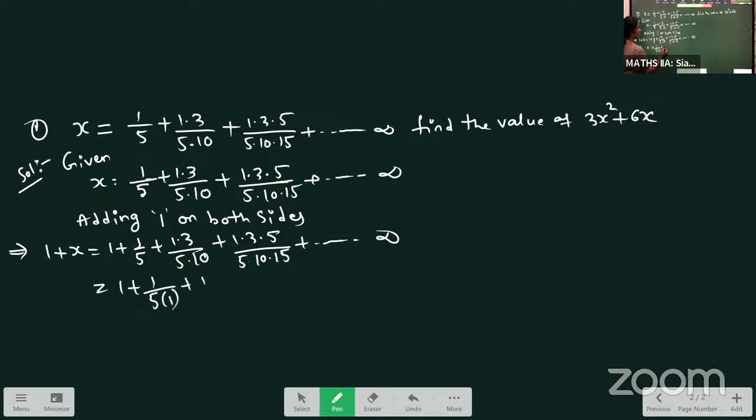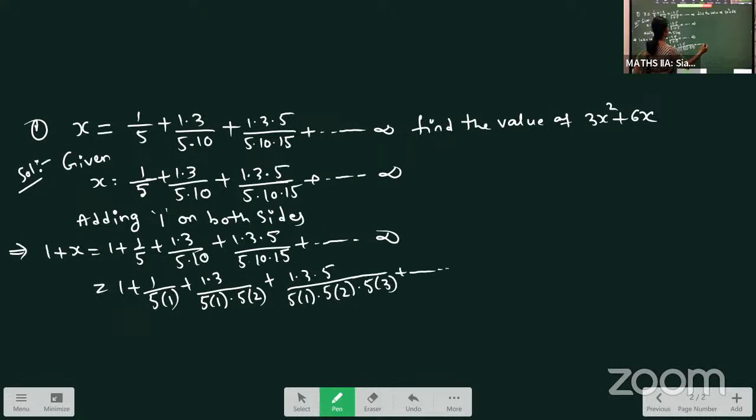The remaining terms also write in terms of products of 5. 5 is 5 into 1 and 10 is 5 into 2, plus 1 into 3 into 5 by, again 5 is 5 into 1, 10 is 5 into 2 and 15 is 5 into 3, plus so on up to infinity.